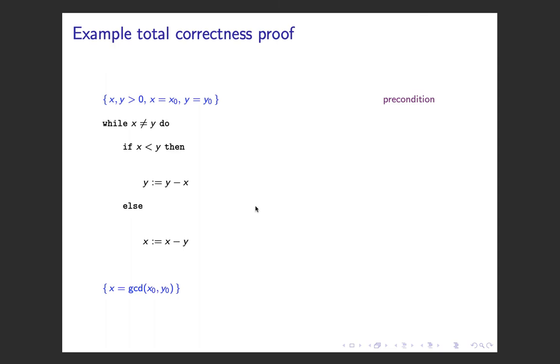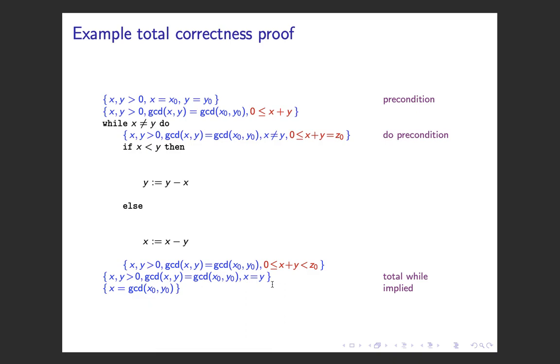What we want to verify is the same as before, but we're now going to do it using the tableau rules for total correctness. So again, assuming that we start off with positive x and y, we want to show that the value of x at the end of executing the program is the greatest common divisor of the original values of x and y.